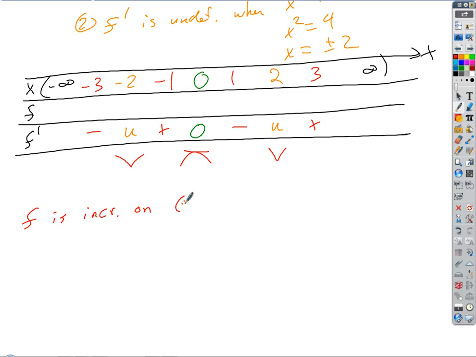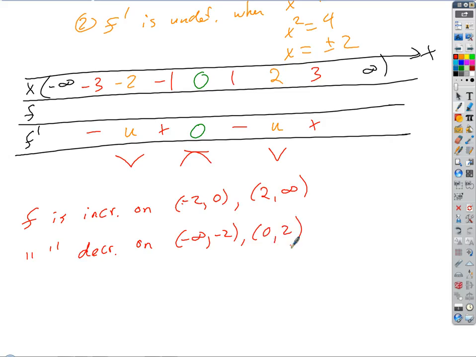So it's going to be on negative 2 to 0, or 2 to infinity. And it's decreasing on negative infinity to negative 2, and 0 to 2. Got it.